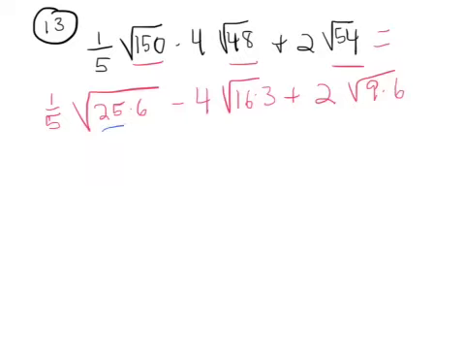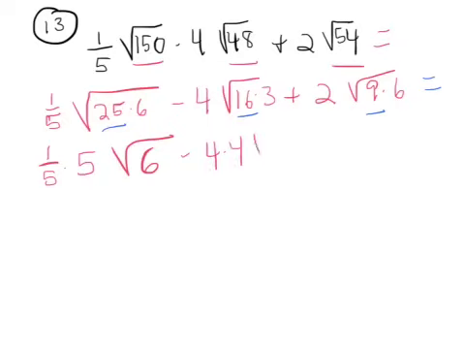So now I'm going to take the square root of each of these perfect squares, and that'll give me 1/5 times 5 radical 6, minus 4 times 4 radical 3, plus 2 times 3 radical 6.